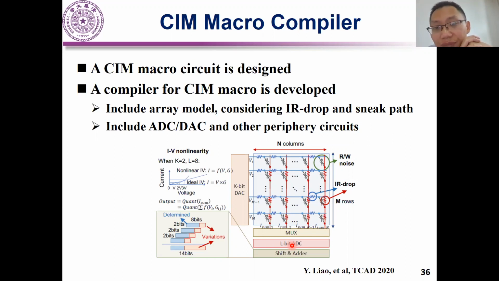Another reason is we hope the network can support many different algorithms. So in this case, we need to know how to control the data flow from one macro to another, and we need to use some cache to store the computing results. At the current stage, all the cache can only store digital data.